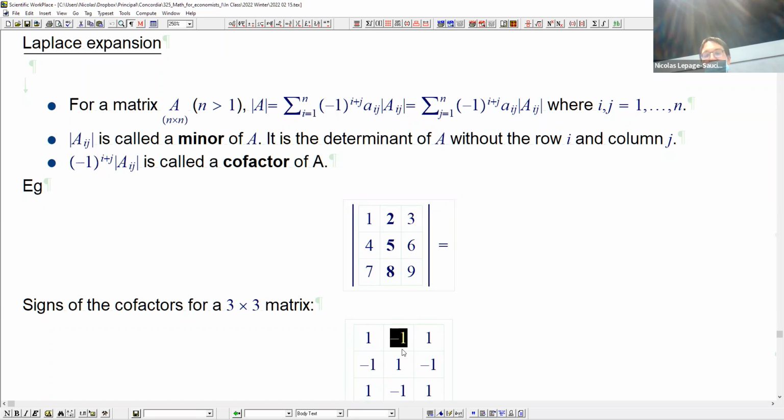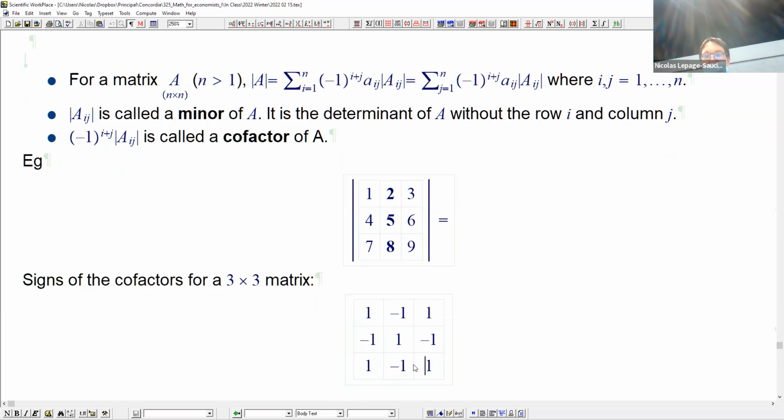So you see there's always a change in sign each time I go down one row or right one column. And with a 4 by 4, you would see the pattern continue: -1, 1, -1, etc.